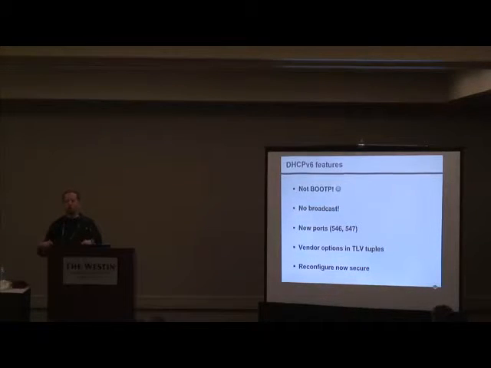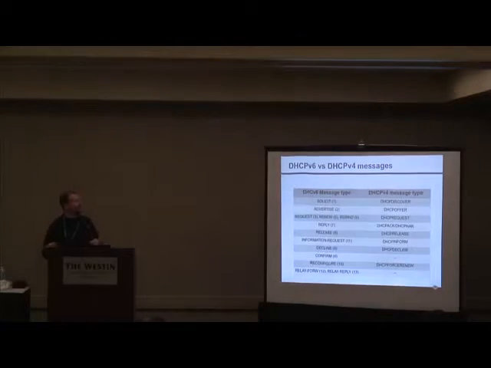So renumbering is now vastly less painful because I can use reconfigure and I can push the change. And all of the clients will happily get the new addresses and they will quiesce. So they will happily use the new prefix, but they'll keep using the old ones on persistent connections. So I could actually completely renumber and my end users might never know that we were on completely different prefixes. You could do it during the day.